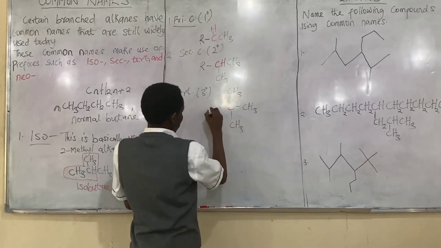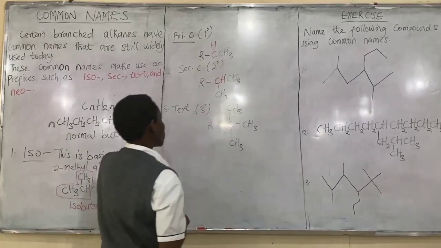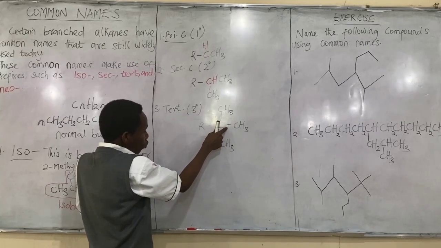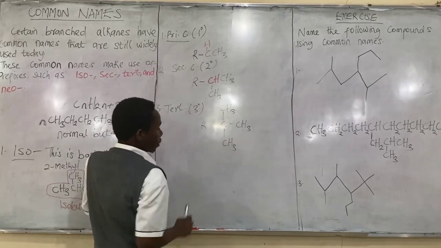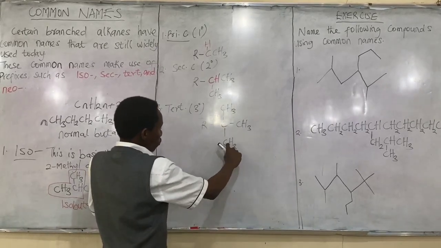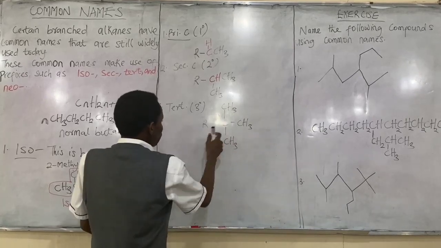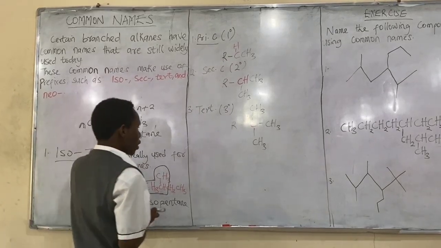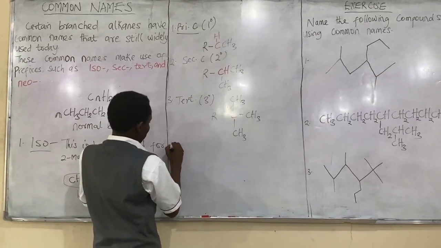Let's say this is our substituent. If you look at this very well, this carbon atom is attached to 3 other different carbon atoms: 1, 2, 3. So this is called the tertiary carbon.